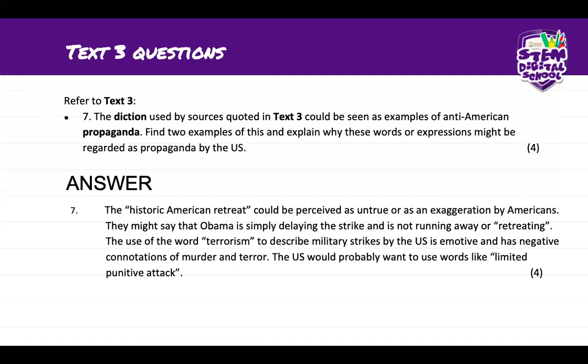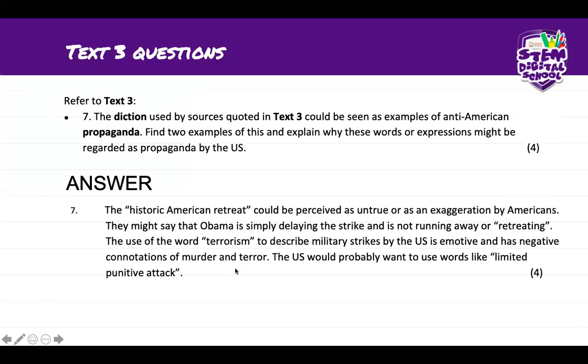The use of the word terrorism to describe military strikes by the US is emotive and has negative connotations. Can you see? We're asking you that the diction used here could be seen as examples of anti-American propaganda. So once again, the use of the word terrorism to describe military strikes by the US is emotive and has negative connotations of murder and terror. Negative connotations of what?